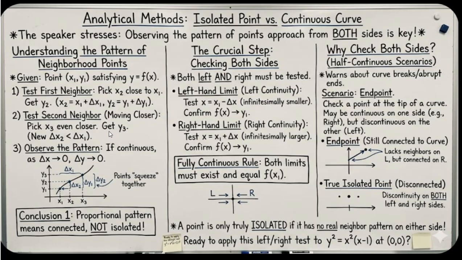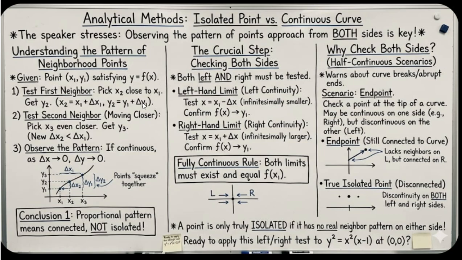Then y3 should be still closer to y1 than y2. That means as delta x decreases, delta y also decreases. What it means is the point squeezes.